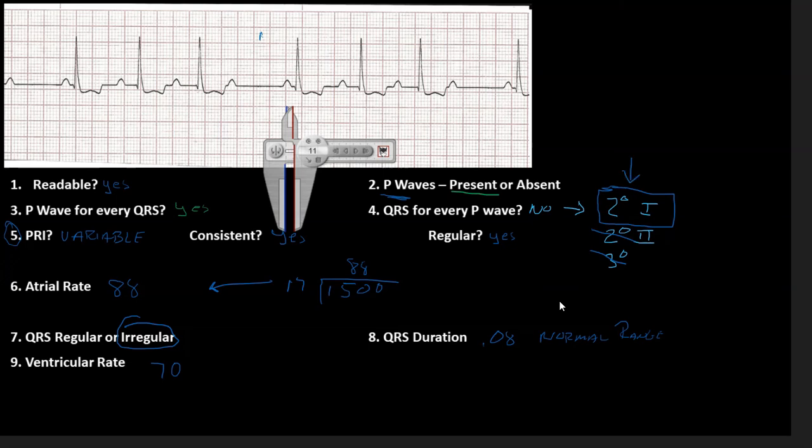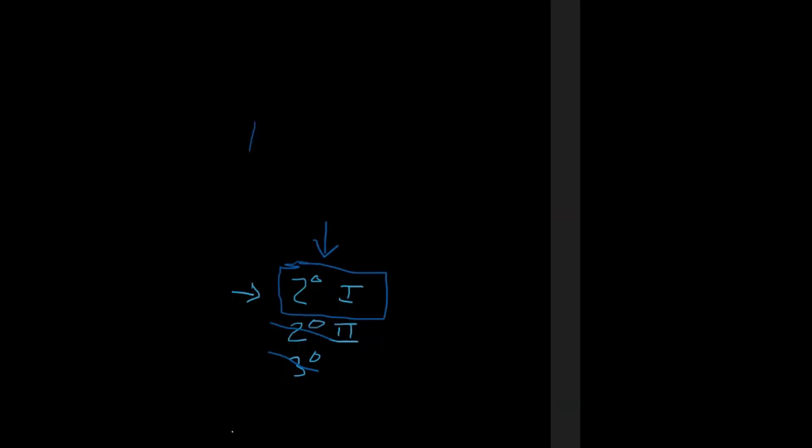Now, once again, what's happening is that the AV junction is controlling everything. So let's take a look at how this can occur again. So again, we have our heart. And when you have your heart, we said that up here is going to be your internodal pathways along with your SA node.